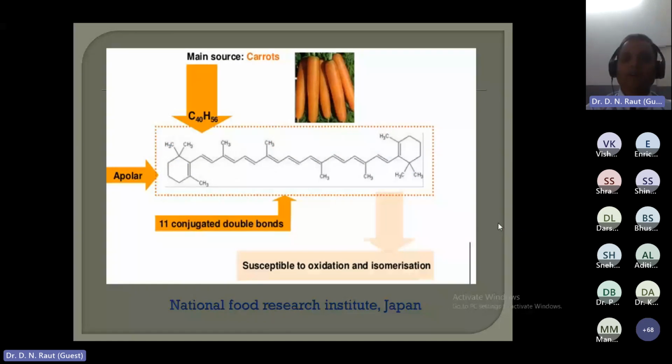Another example is carrot, which has carotene, a very hydrophobic molecule. If we want to separate beta carotene from carrot, we require highly nonpolar chemicals like petroleum ether or n-hexane, because, as you know, like dissolves like: a nonpolar chemical dissolves in a nonpolar solvent.